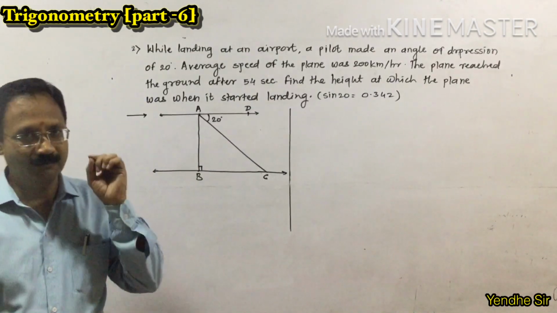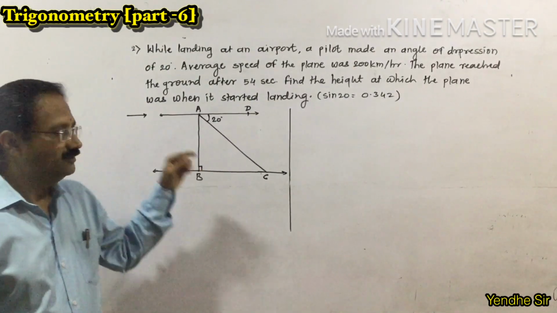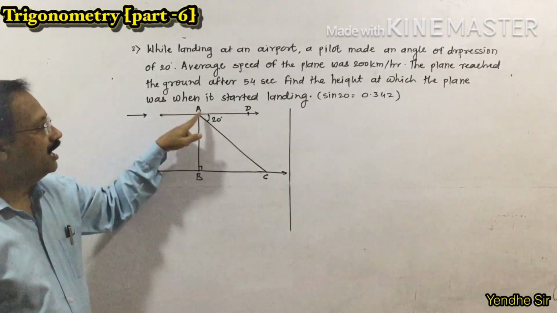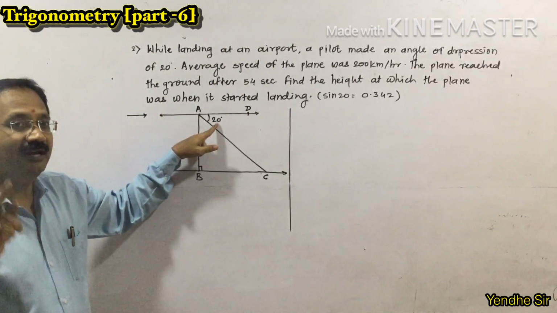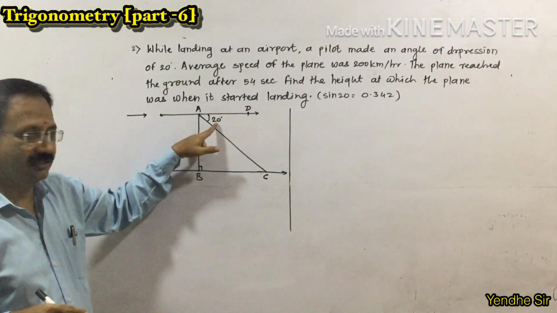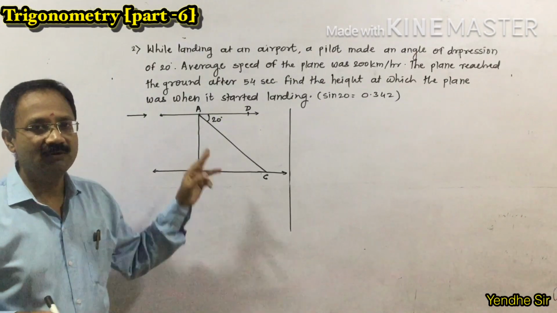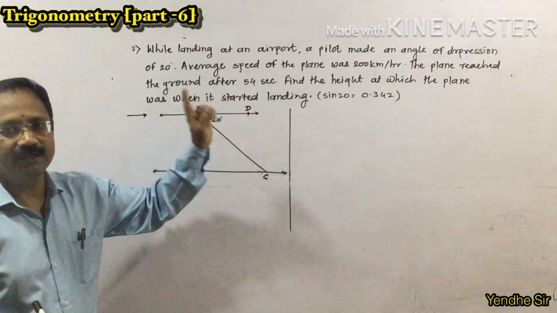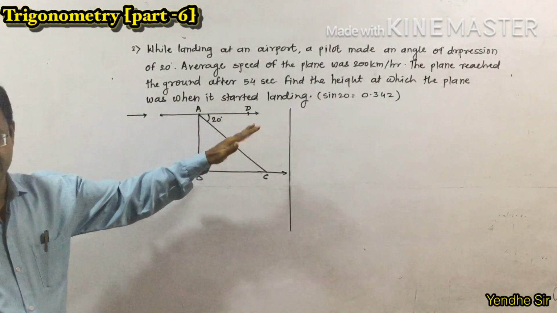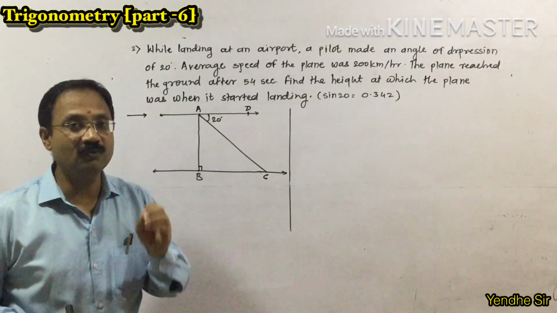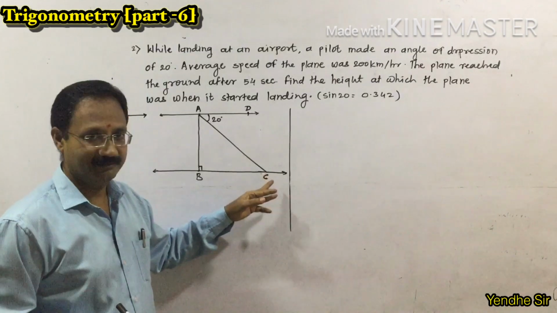Here one plane is given, which is landing here. At that time it makes an angle of depression of 20 degrees. At that time its speed was 200 km per hour, and it takes 54 seconds to land here.